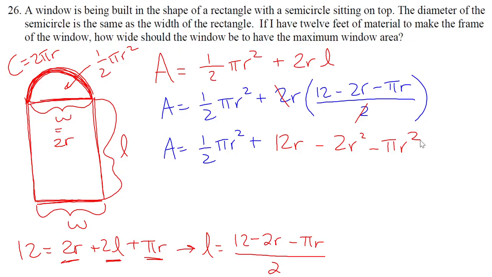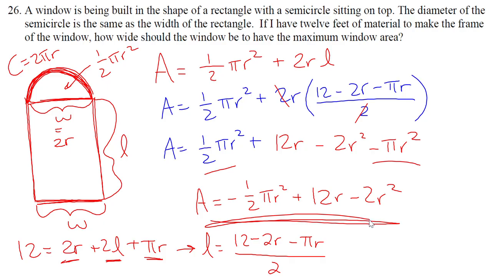And then I can combine together the 1/2 pi r squared with the negative pi r squared to get a final area equation, which will be negative 1/2 pi r squared plus 12r minus 2r squared. So there's our area equation. And then we need to figure out when that's at a maximum.